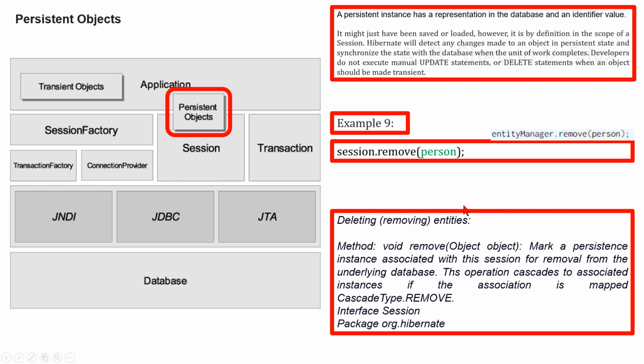The implication here is that the entity instance passed to the Hibernate org.hibernate.Session delete method can be either in the managed or detached state, while the entity instance passed to remove on jakarta.persistence.EntityManager must be in the managed state.